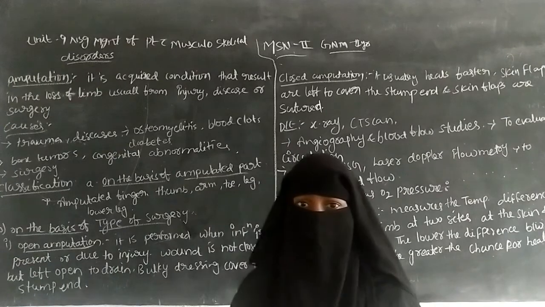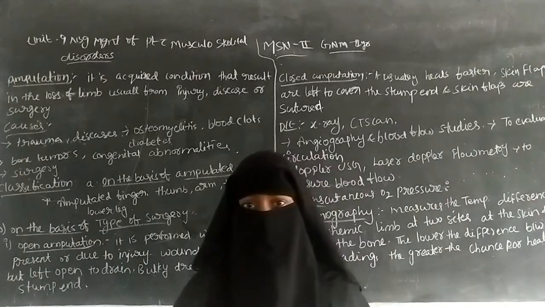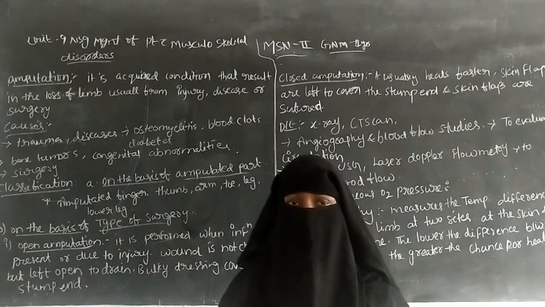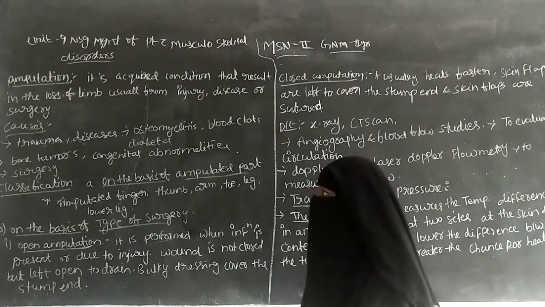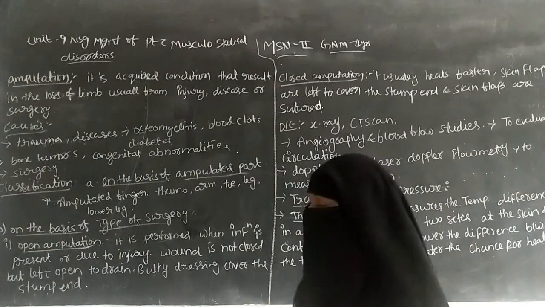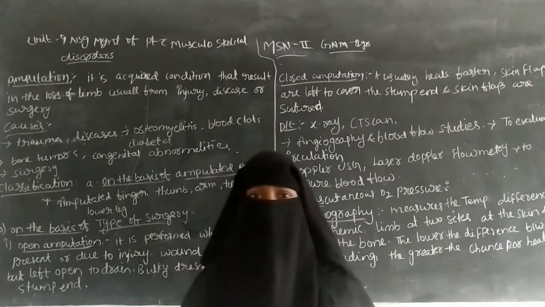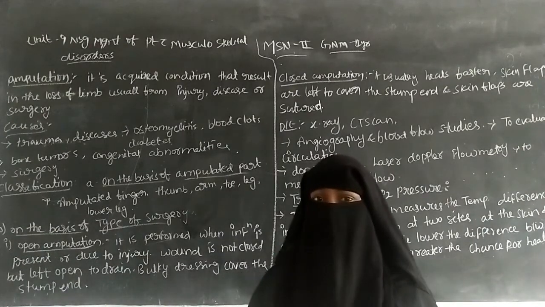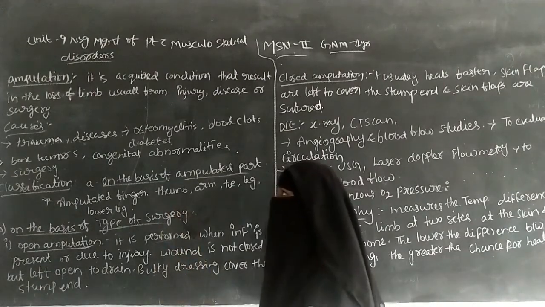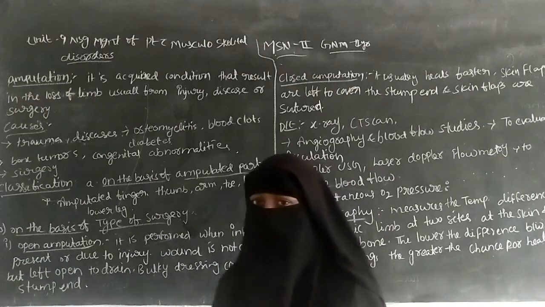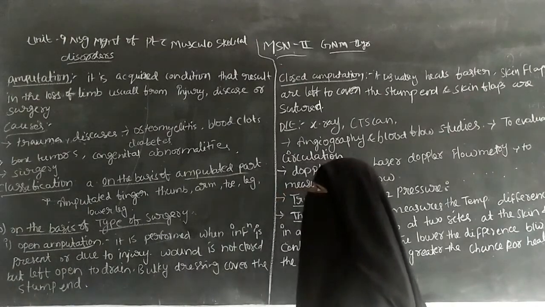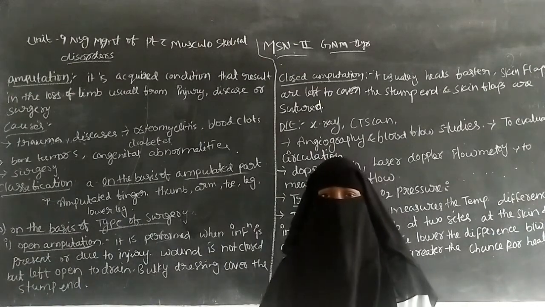If the patient has diseases like osteomyelitis, any infection, or diabetes, there may be chances of amputation. By surgery also we can remove the limb by the process of amputation.